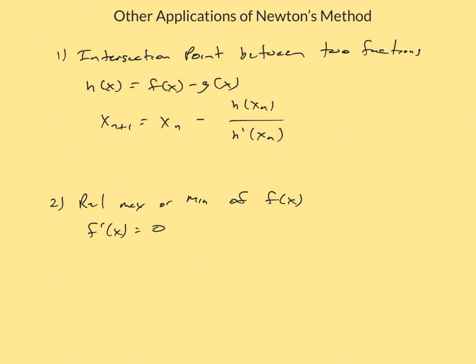And so my iteration rule in that case is going to be x sub n plus 1 equals x sub n minus f prime of x sub n over f double prime of x sub n. And that's what your calculator actually uses to identify the intersection and the relative max or mins of a particular function.